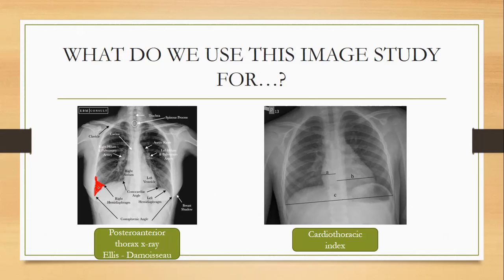Does anybody know what volume of liquid it takes to erase the costophrenic angle? I'm going to say it in Spanish because I know that you already read about this.